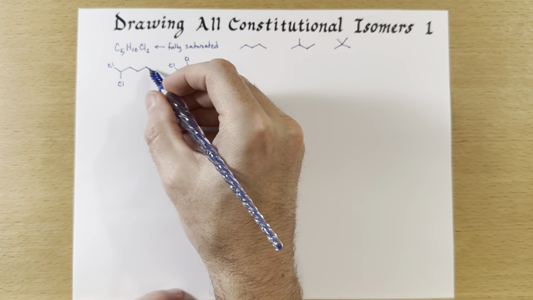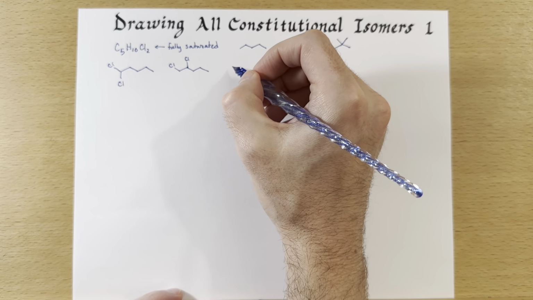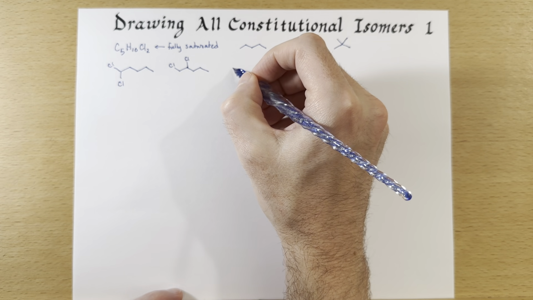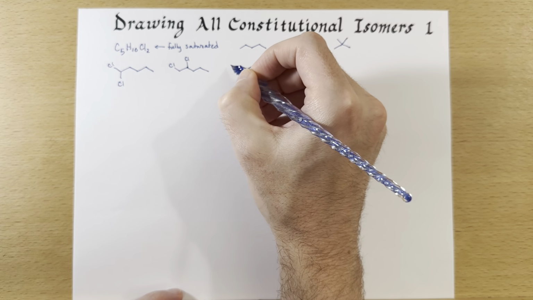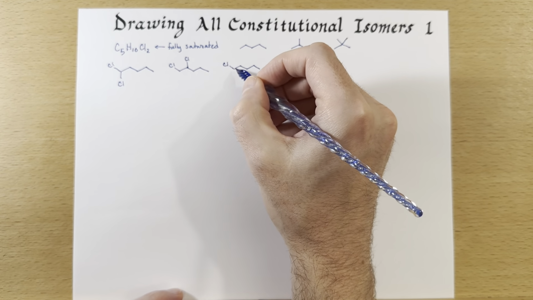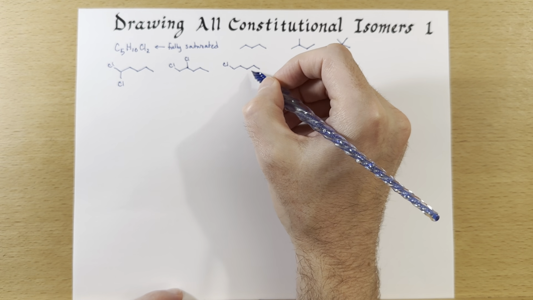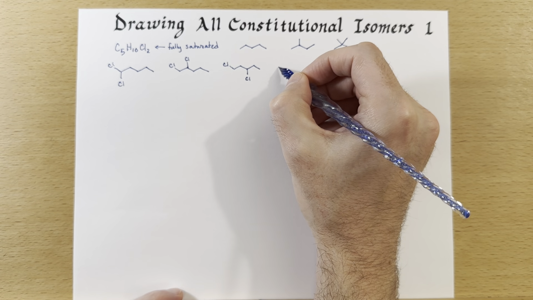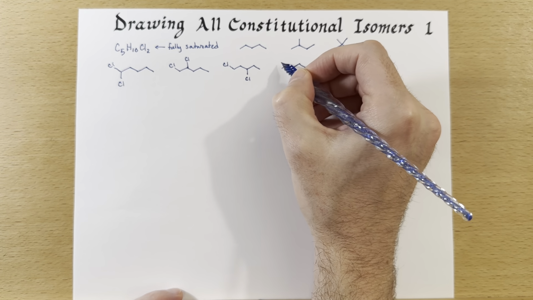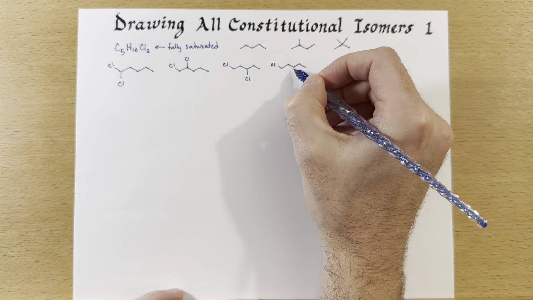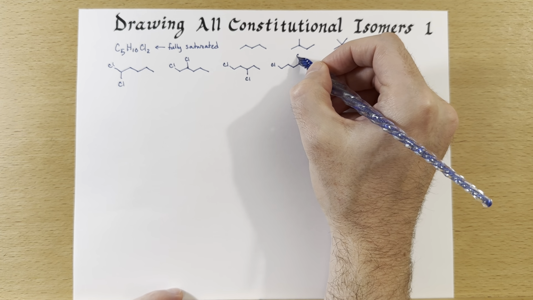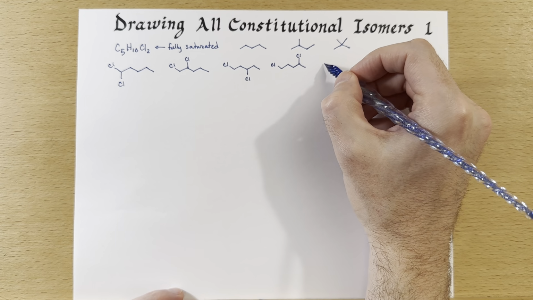And I will repeat this process until I've moved the chlorines all the way down the chain. So I have on carbon number 1, there's 2, so now 3. And now we get to put it on carbon number 4, and then carbon number 5.